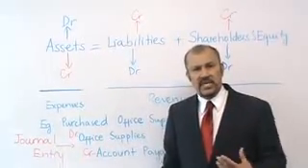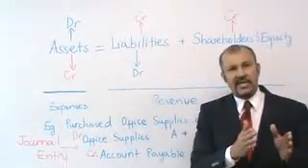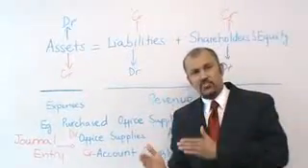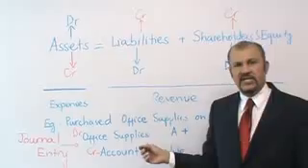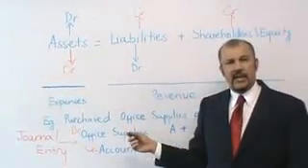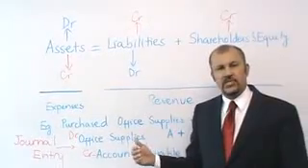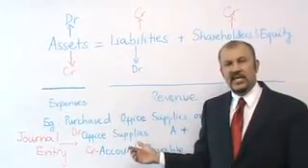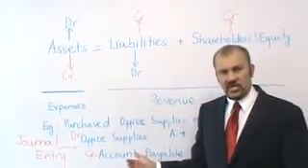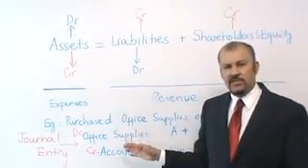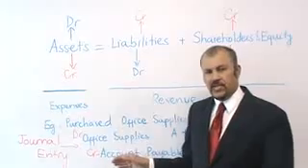A journal entry is nothing but taking an accounting transaction in plain English and expressing it in the language of debits and credits. Now, where do we make this journal entry? This journal entry is typically recorded in the general journal. The general journal is the place where you typically record your journal entries.